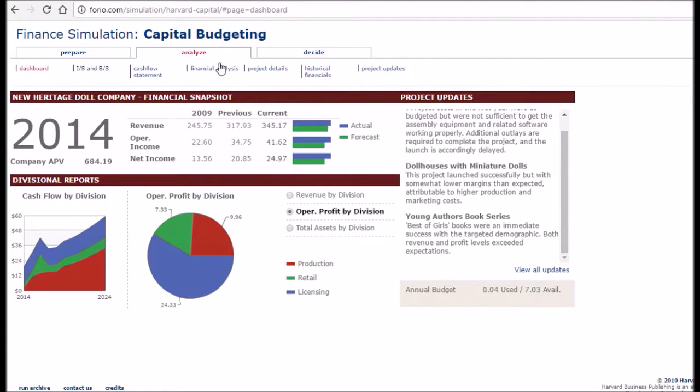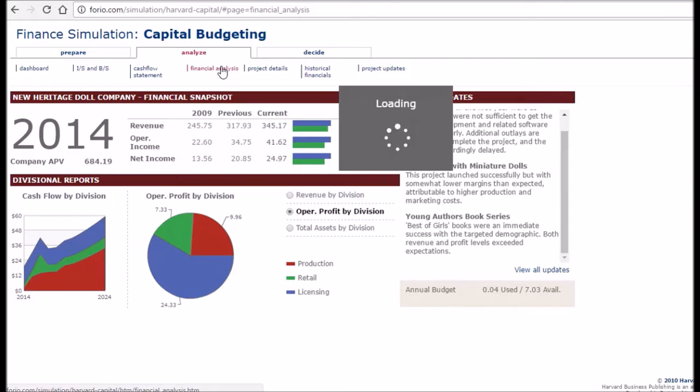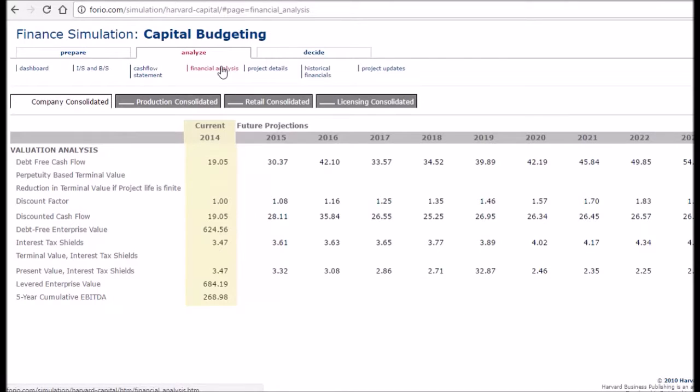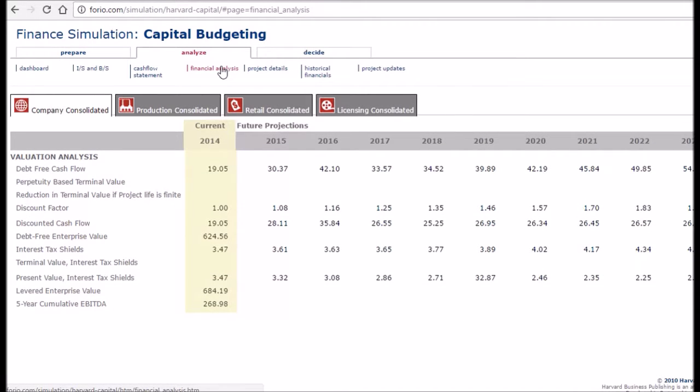So moving on, under the financial analysis tab, I looked at the company tab more than the other ones, just to see how these numbers are affecting my company.